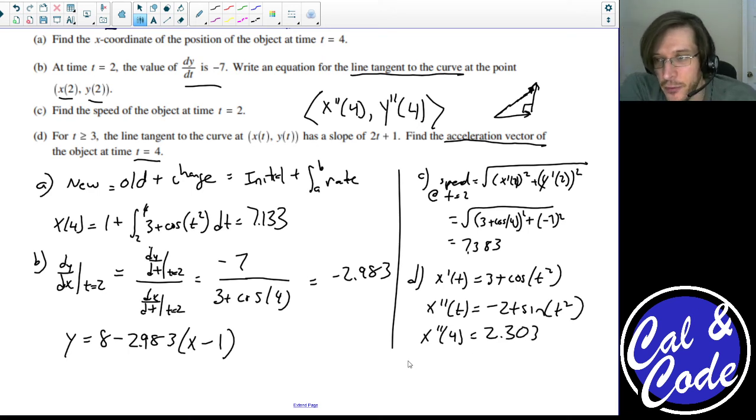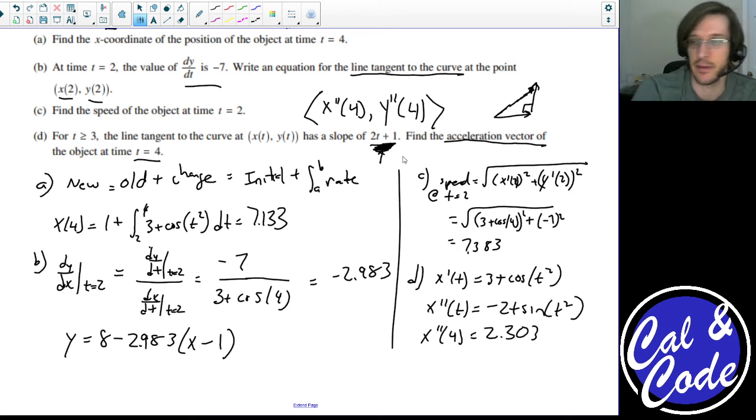Now the tricky part is getting the second derivative of y because they didn't even give me a formula for y. But I can kind of cheat my way there because they gave me what dy/dx is in terms of t. They gave that to me right here.